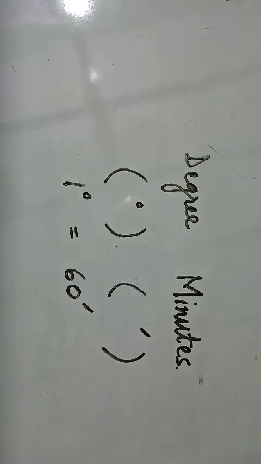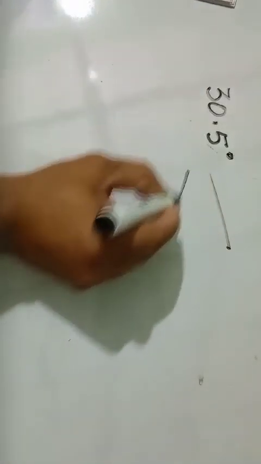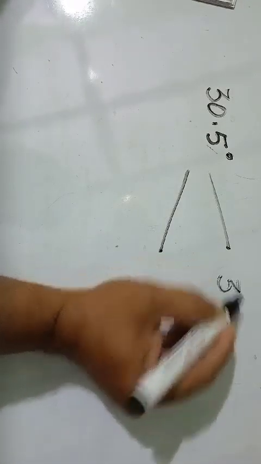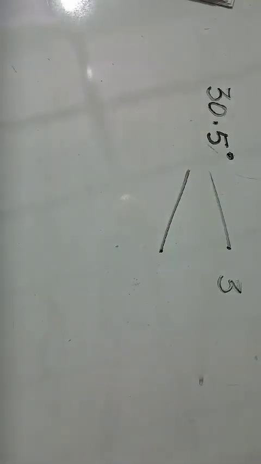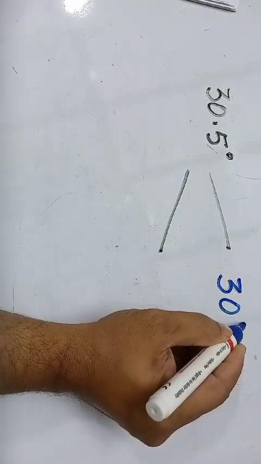Okay. Now, keeping this in mind, let us take that example which I had considered just now. So I had taken up an example of 30.5 degrees. Now what is this? This essentially can be broken down into two parts. One, obviously you can see that I have 30 degrees.